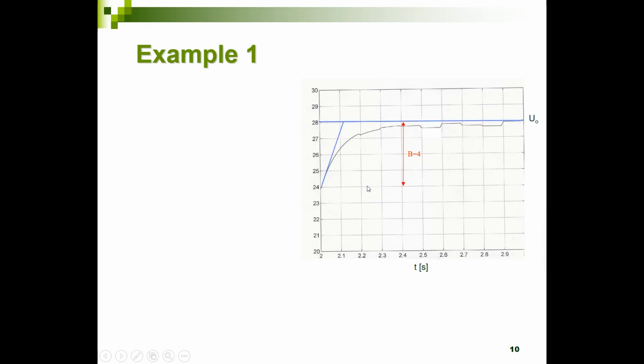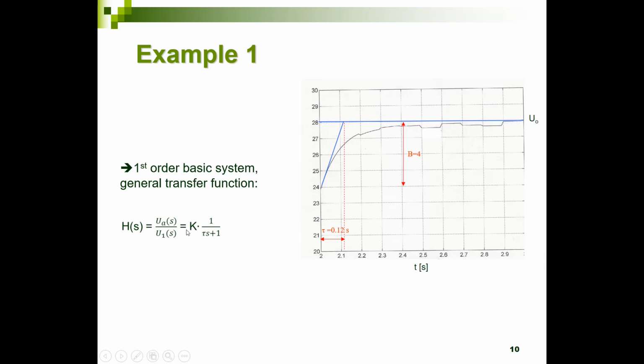And I could also look to the 63% value of my end value between 24 and 28 volt, and it is somewhere over here at 0.12 seconds after we start the extra input to my system. So in that case, we could derive the time constant tau, and I could say, well, the tau is almost 0.12 seconds. So we know it's a first order behavior with a general transfer function like this.